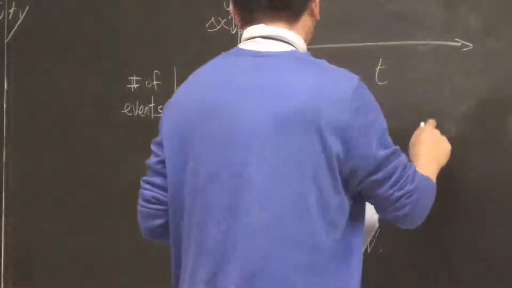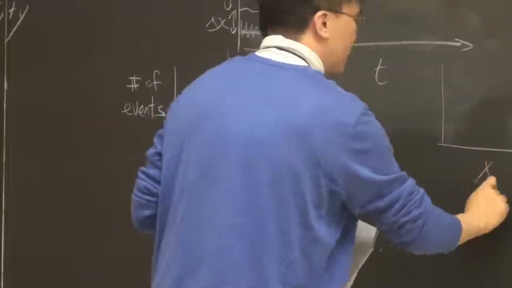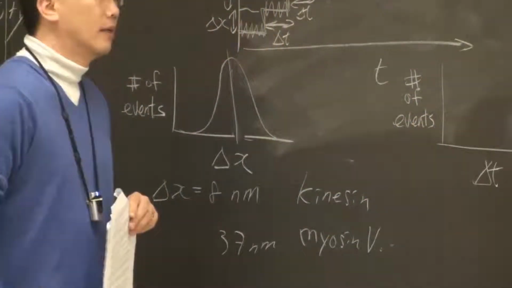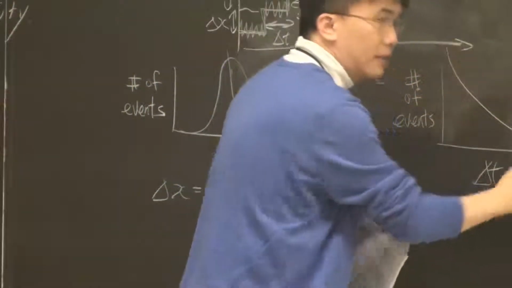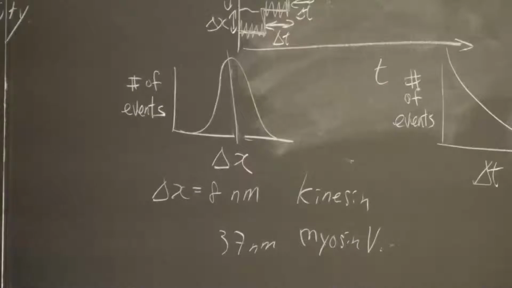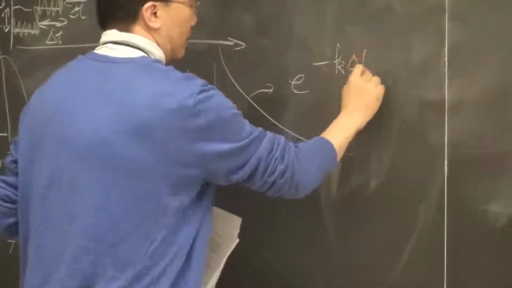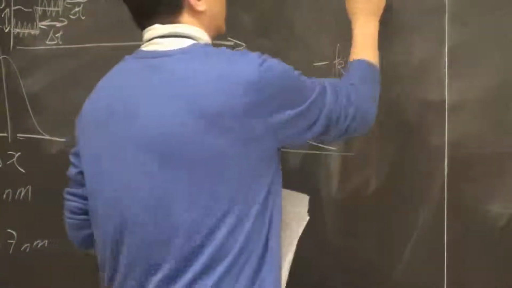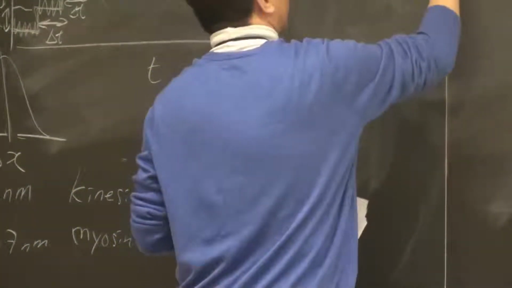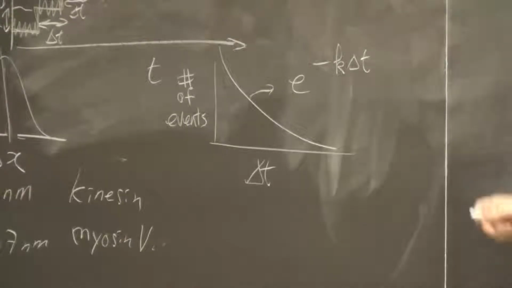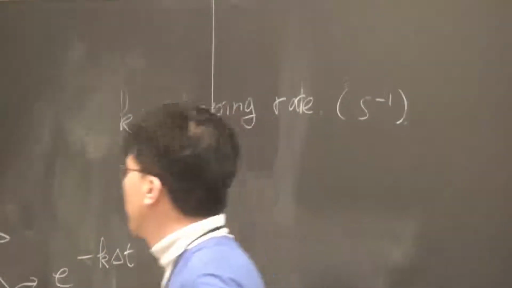Ideally, what you get here is, if you plot the histogram again, the number of events, it's going to show an exponential decay, following this rate, and here the k will be the stepping rate, given in the unit of second minus 1.